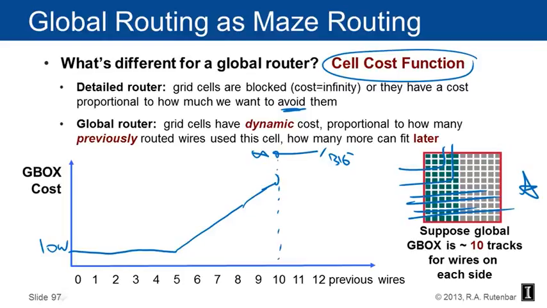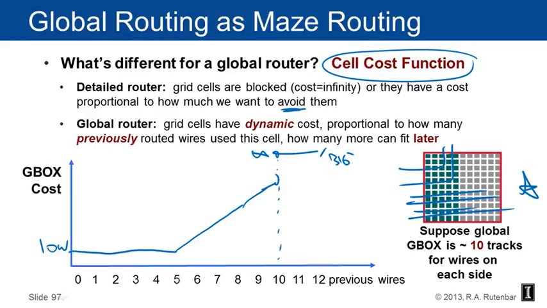There are entire groups of people in real companies that spend their lives figuring out the costs for the G-boxes in global routers so that you do a good job of balancing the demand for wiring with the supply of wiring.